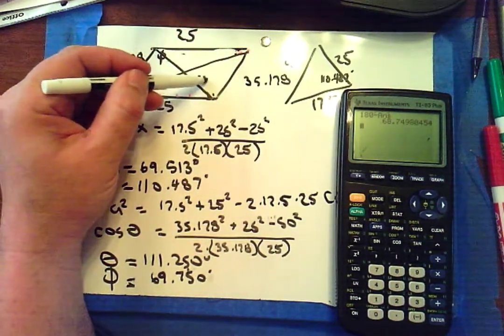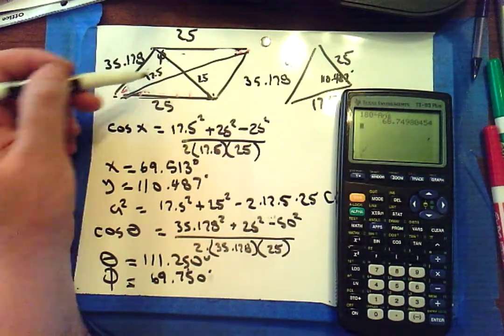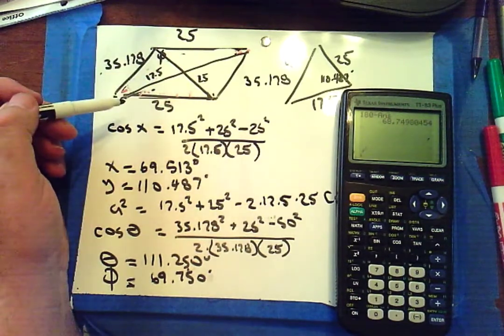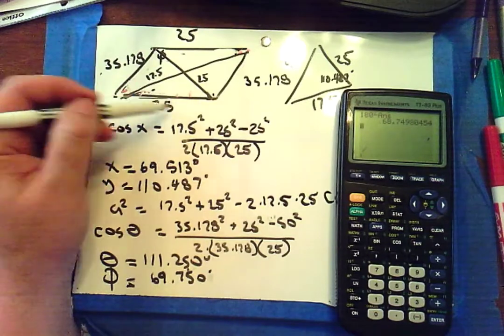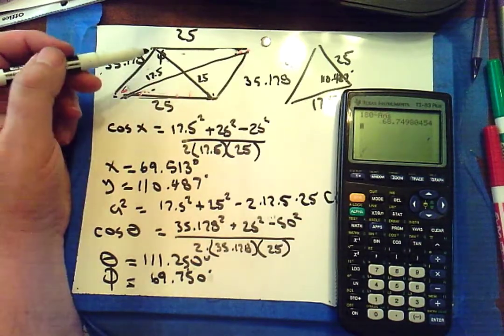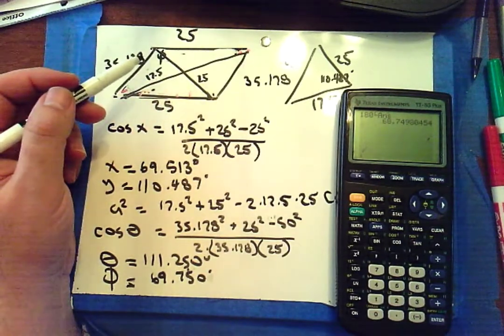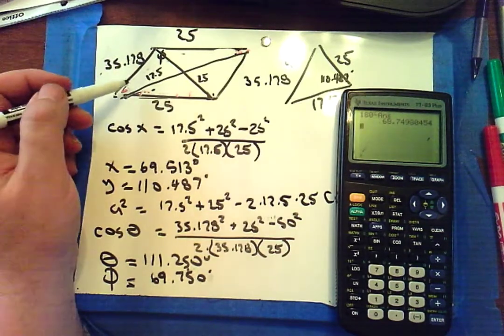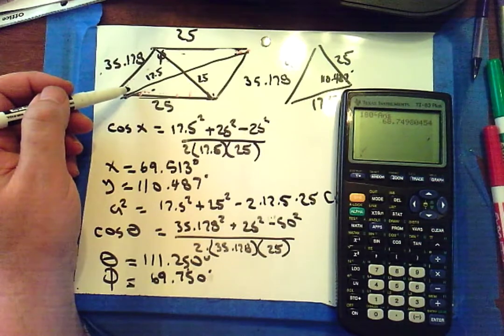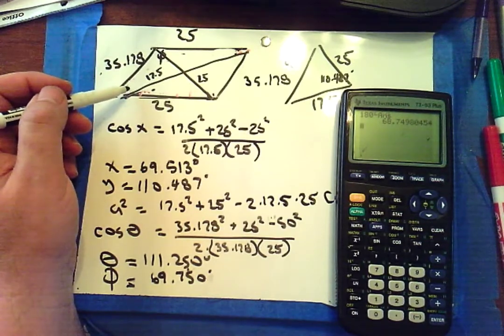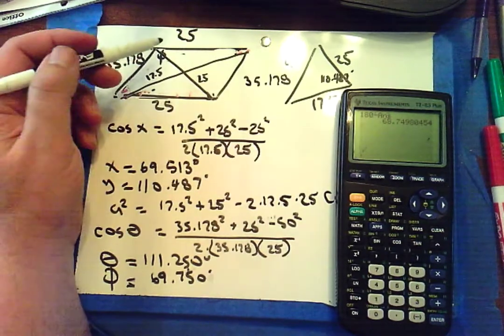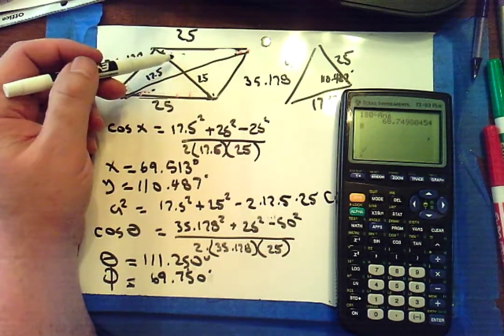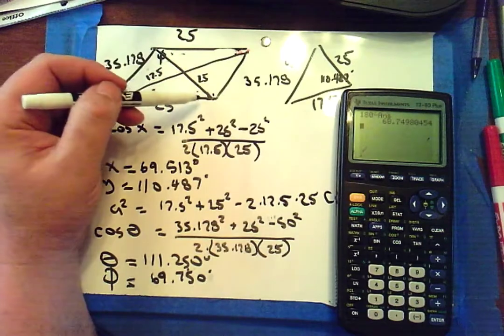There's another approach to this problem where after you split this up, you find this angle using law of cosines on this triangle, and then you find what was the other one? I want to find this one. I know that these are equal.